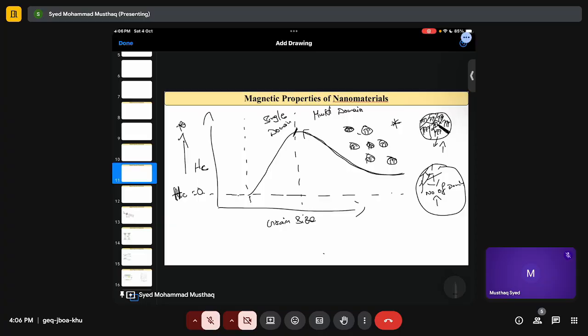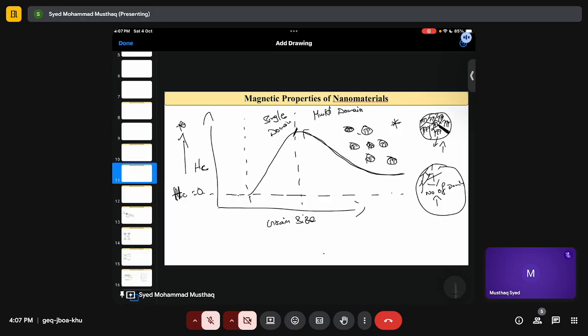Okay, and then you have the highest coercivity at one point, but your coercivity will start dropping. Why? Because of this guy, superparamagnetism. That means the temperature will start acting. That means, again, whenever you decrease your grain size, you will have more surface atoms. The more the surface atoms, the more the surface energy. So even if you give a little bit of thermal energy, your system already has some surface energy, and then you are giving thermal energy, the system will become unstable, right?